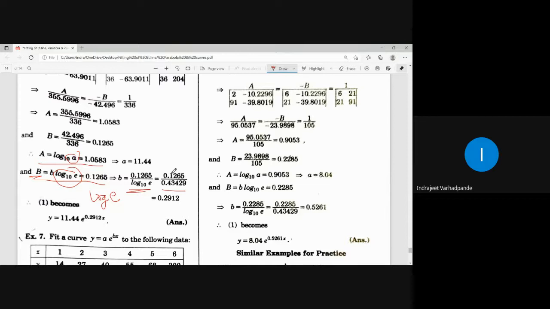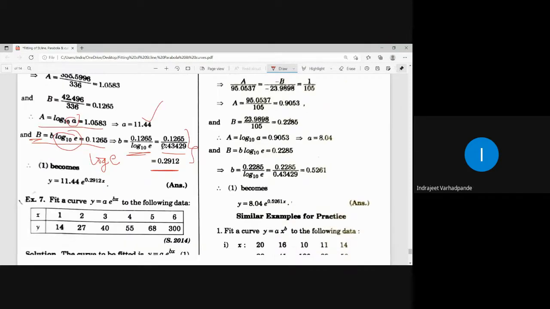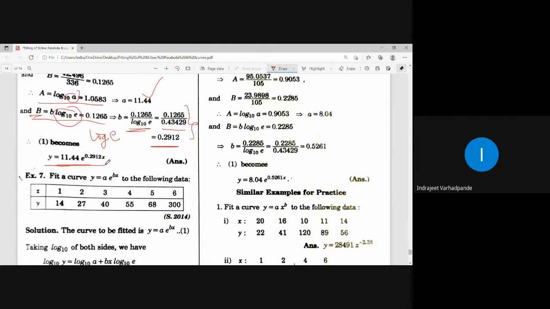So this fraction will give you the value of small b. Small b has come, small a has come. Simplify, your answer is y is equal to 11.44 e to the power 0.2912 into x, because the curve was y is equal to a e to the power bx.